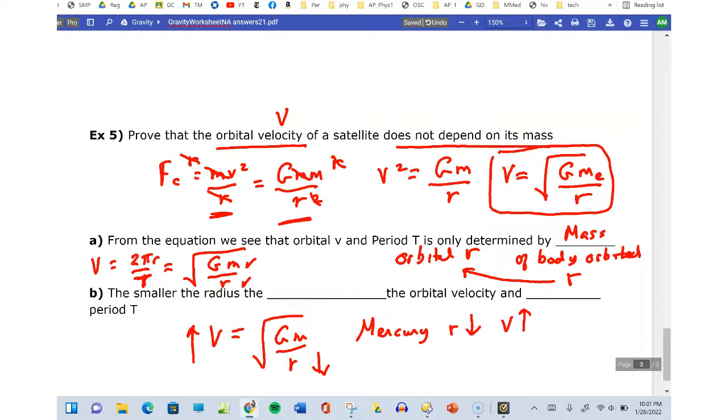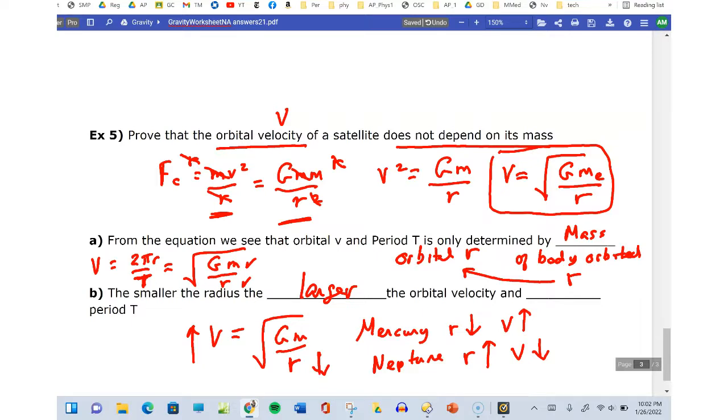It's the fastest planet. The last planet now is Neptune. Its orbital radius is very big, and it's a slower moving planet. Inverse relationship. The smaller the radius, the larger the orbital velocity. See that? Inverse. One's on the bottom, one's on the top.